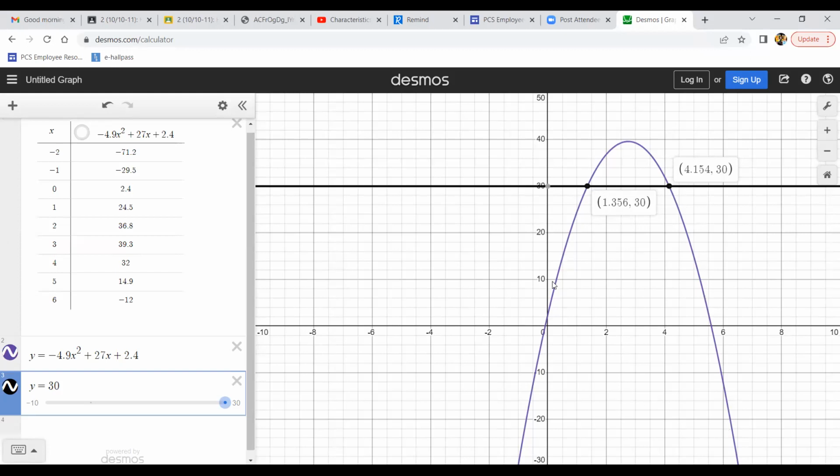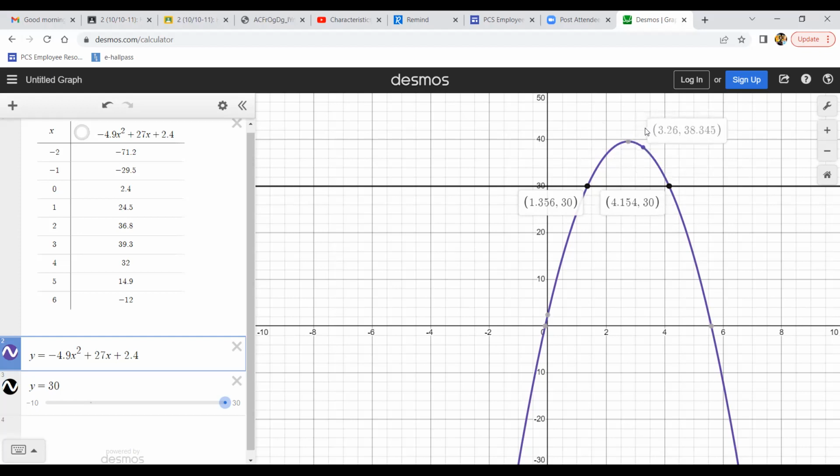So the balloon goes up in the air, it hits 30 meters high, and then if we click here, the balloon is more than 30 meters high. 37 meters, 38, 39 meters high. It's more than 30 meters high, and then it hits 30, and now it's less than 30 meters high.